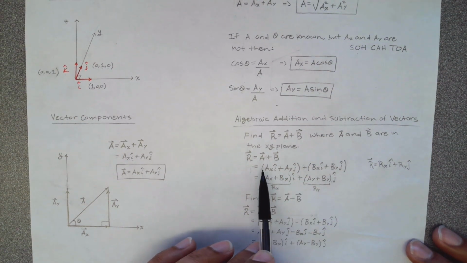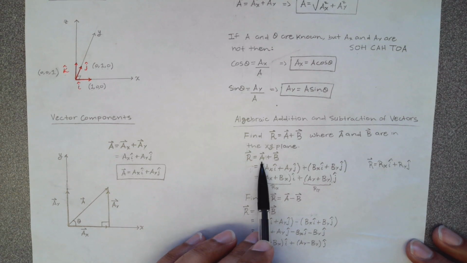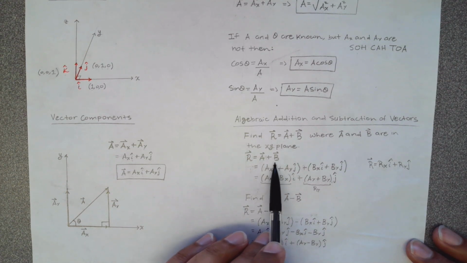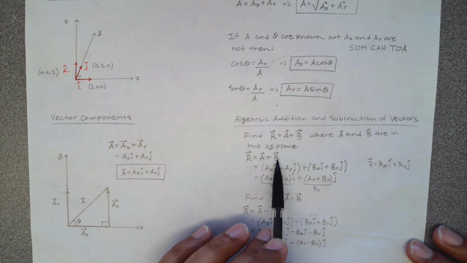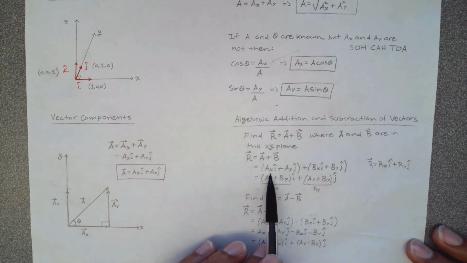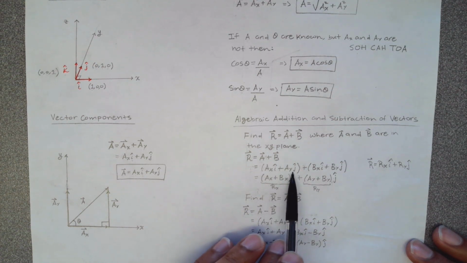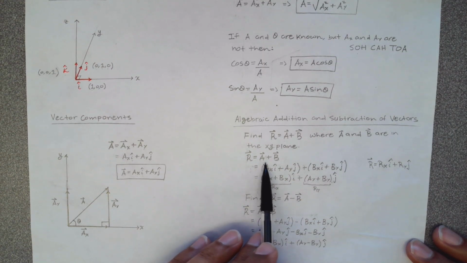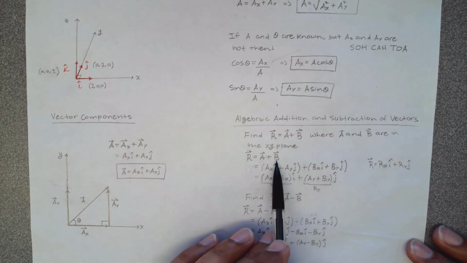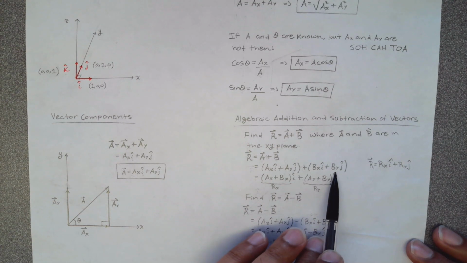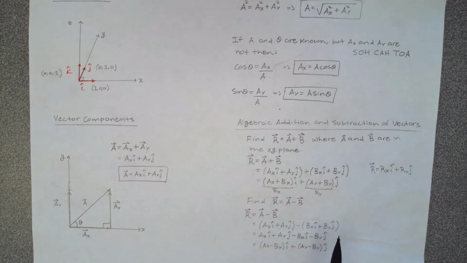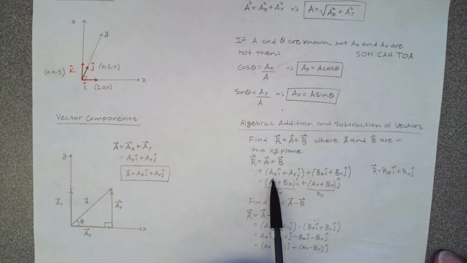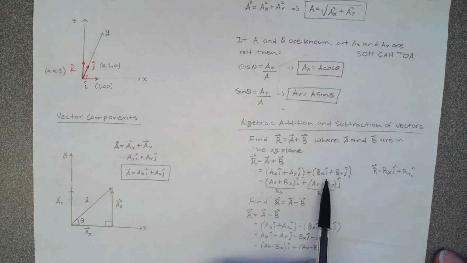So A plus B in this case is going to be, I write this in vector notation in terms of its components, and I write this in terms of its components. So this is going to become ax i hat plus ay j hat, that's my vector A, plus bx i hat plus by j hat, that is my vector B. After this, I combine the like terms, namely the i hat with the i hat.